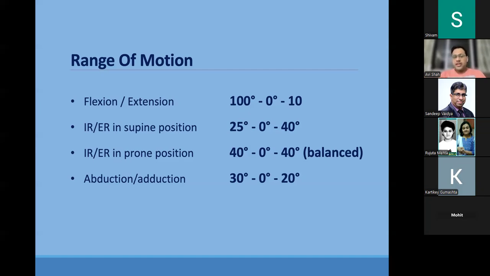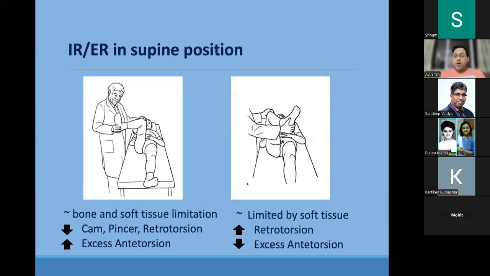So the flexion range, the extension range, the rotations, internal and external, in flexion, in supine, in prone, and then the abduction and adduction range should be checked. Usually they should be balanced on either side. Now, in supination, if your internal rotation is more, it can be because of anteversion.